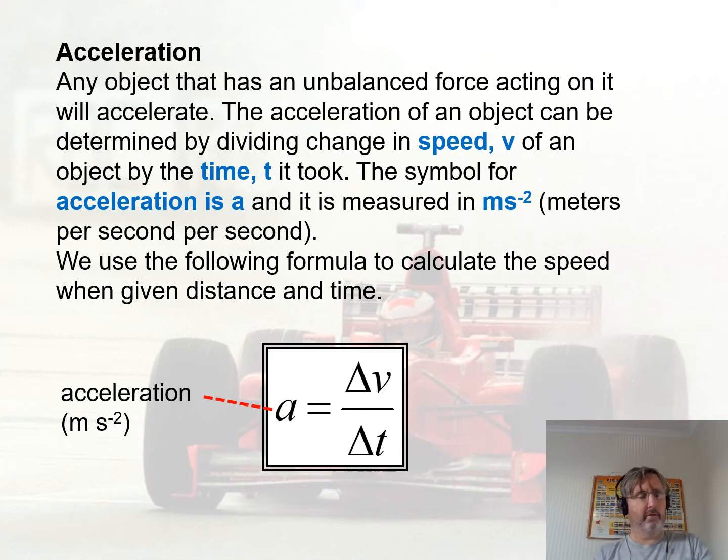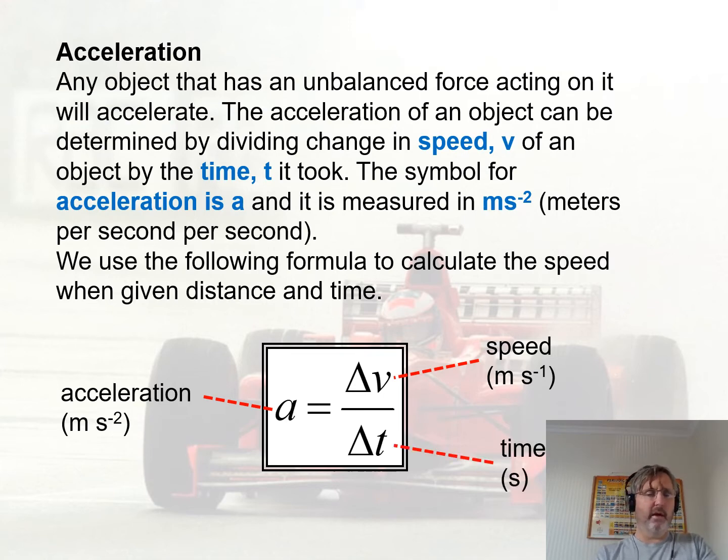A bit complicated, I know. So again, we've got this V symbol, which is speed, measured in meters per second, and we have this symbol T, which is time. Well, let's look at some questions we might have where we use this equation to solve some problems.